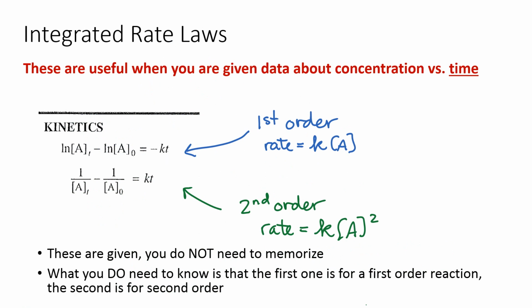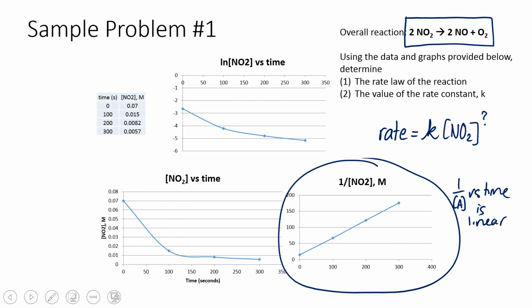And the way I remember is I look on my equation sheet and I say, okay, natural log is the first equation, inverse is the second equation. So if the inverse is linear, the second equation is second order, so A must be second order. Okay, so since this is linear, that tells me that it is second order, which means this right here is a 2. So now I've got my rate law.